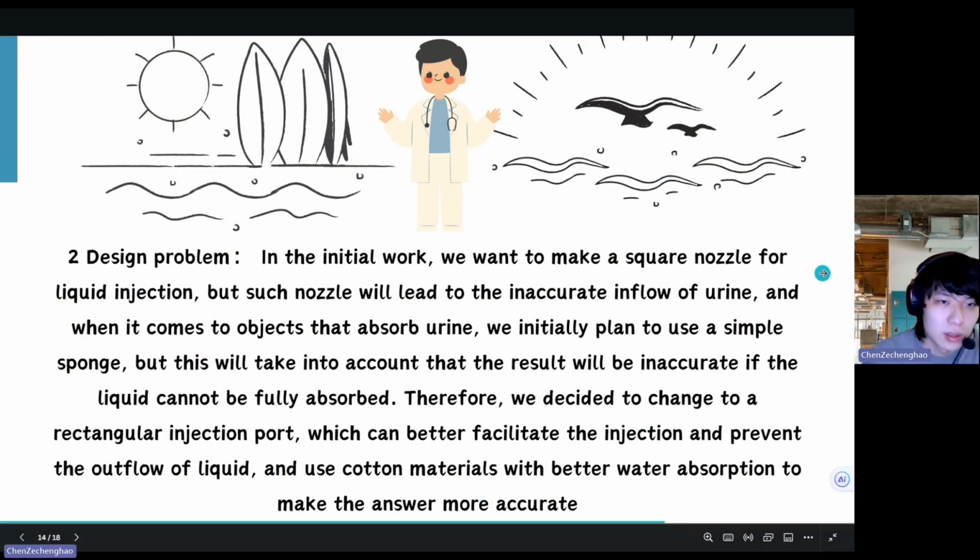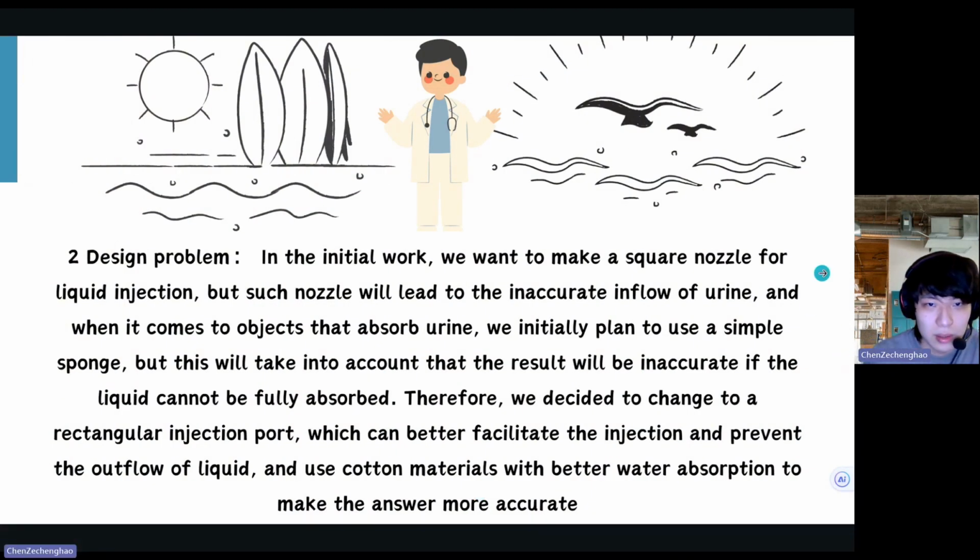2. Design problem. In the interior work, we wanted to make a square nozzle for liquid injection, but such a nozzle will lead to inaccurate inflow of urine.